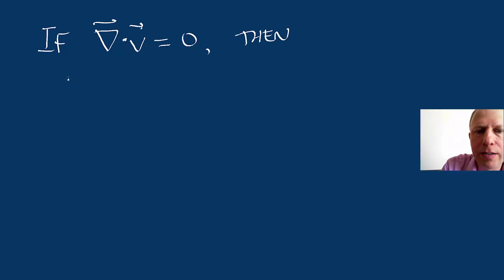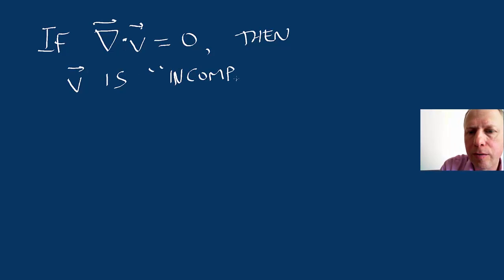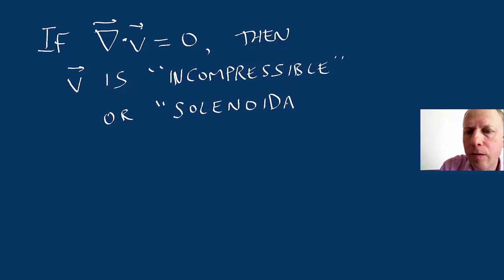And the terminology is that the function V is incompressible or solenoidal. Those are names for functions that have divergence of V equal to 0.